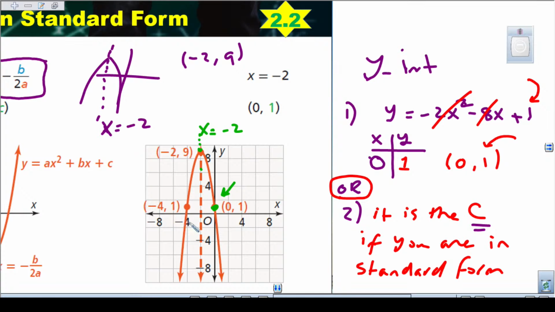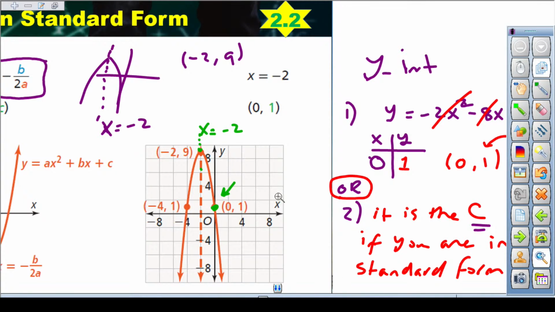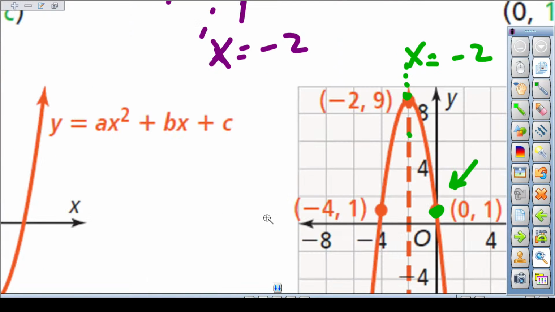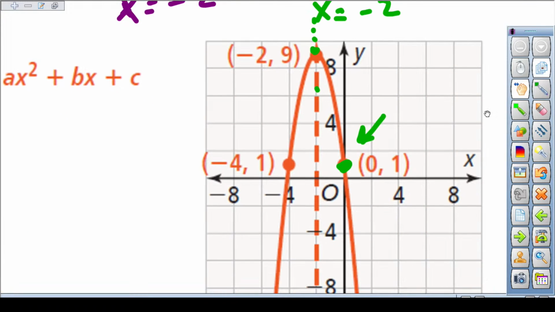Look with me here. I'm going to zoom in a little bit. I'll show you something here. Look at the graph with me for a second. As you zoomed in, this point here is reflected on the other side of the axis of symmetry. See that?